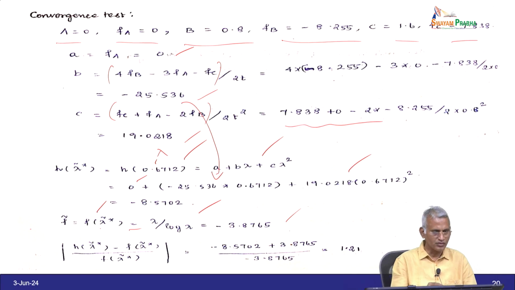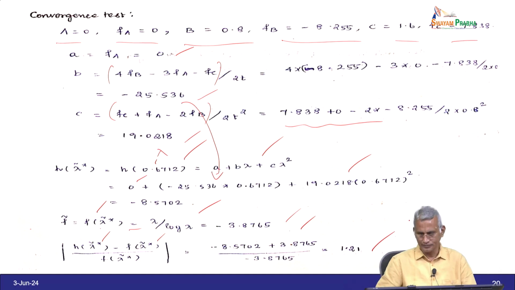Therefore, the rule is h of lambda star tilde minus f of lambda star tilde by f of lambda star tilde equal to minus 8.5702 plus 3.8765 by minus 3.8765 equal to 1.21.